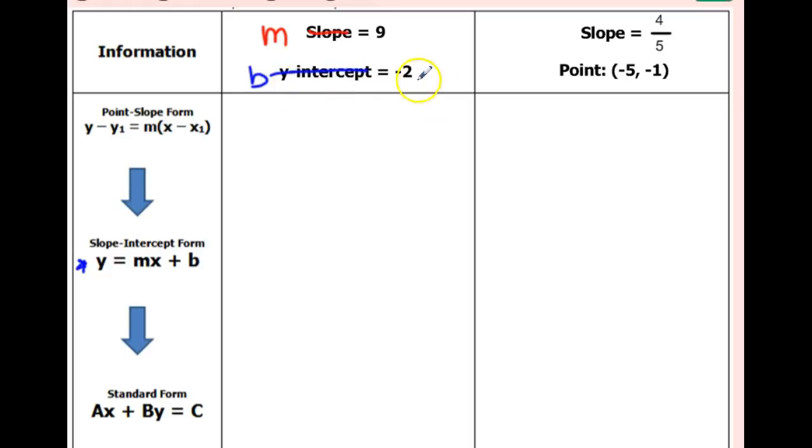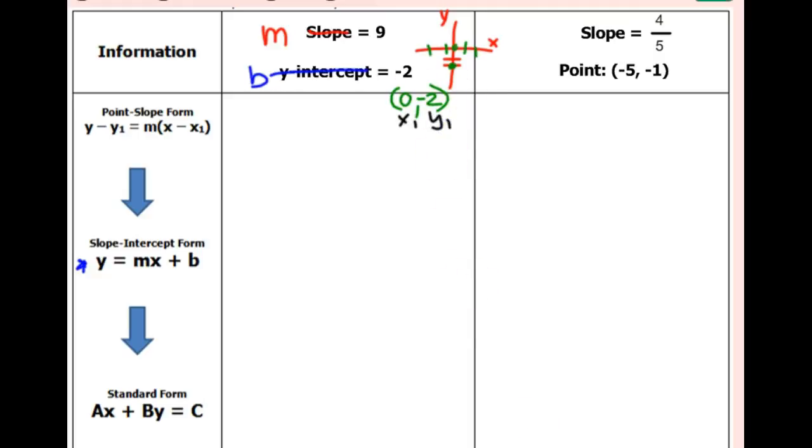So this b is really 0, comma b, or if you think about a graph, we're beginning at down 2. We didn't go left or right at all, we were right in the middle at 0, and we went down 1, 2, -2. So that's the point we're going to use for x and y.